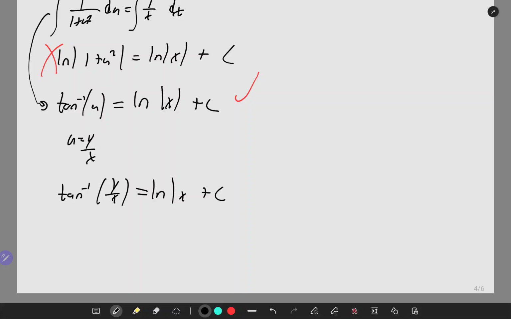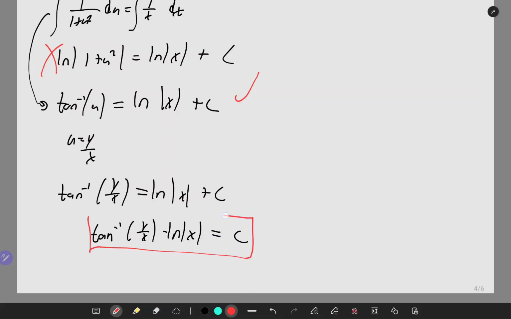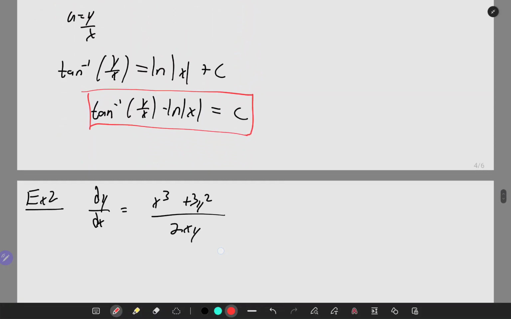And then we could just rewrite it like this. Oops, forgot that there. Minus ln of x is equal to c. This is our final answer. Inverse tangent of y over x minus natural log of x is equal to c. And don't forget your absolute values on the natural logs.